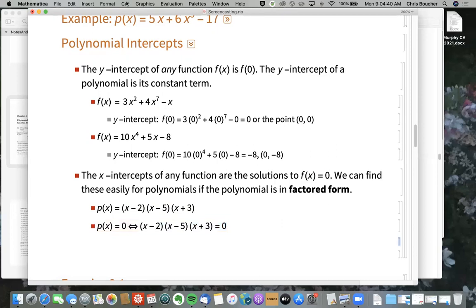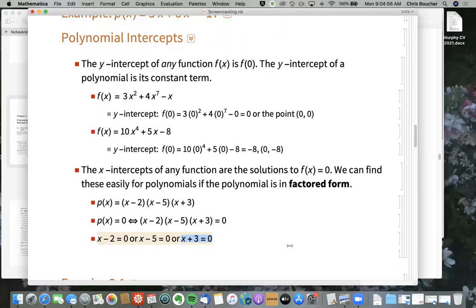So this allows us to separate this into three different equations. Either the first factor is 0, or the second factor is 0, or the third factor is 0. And each of those equations is going to be a linear equation because the factors are linear. And so we can solve those easily enough. We just add 2, add 5, and subtract 3 respectively, and we get the solutions 2, 5, and -3.